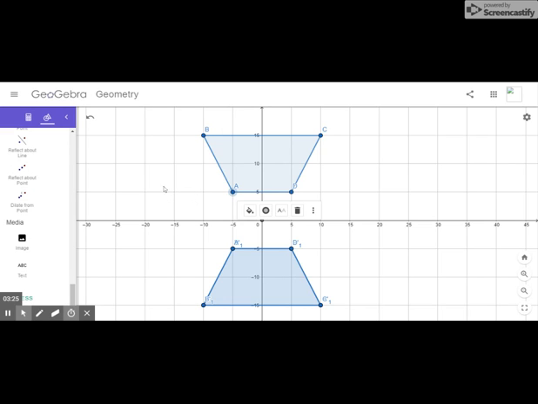We can explore this a little bit more by looking more closely at the points one at a time. So I can delete this quadrilateral, and let's just focus on points A and B. If I delete those points, you'll see there's A prime 1, B prime 1, A prime, and B prime left.